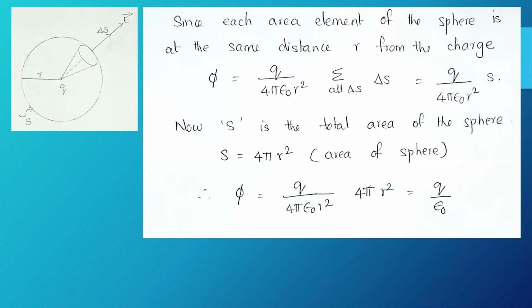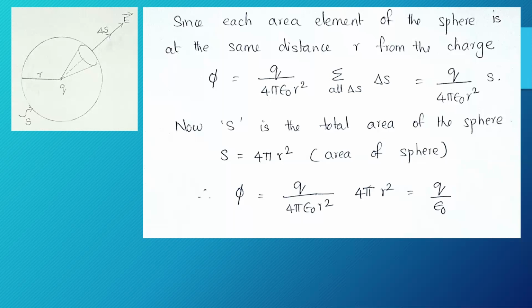That is the standard formula that we will substitute here in place of S. Therefore, we will get phi is equal to q by 4 pi epsilon naught r square into 4 pi r square, because the surface area S is replaced by 4 pi r square.